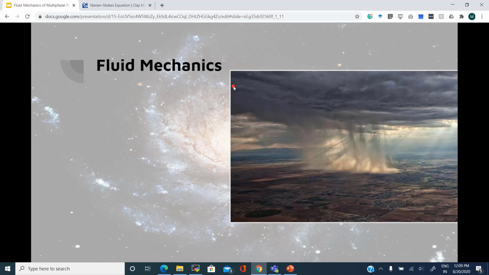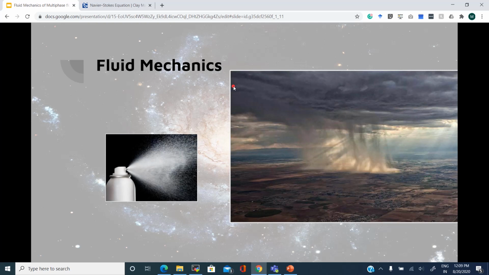So the cloud formation, raindrop formation, flow of water on the ground, going into the water table or the rivers, and then going to the sea, pond or lakes, and then again evaporating back to form the clouds. All of this is a fluid process, and we can understand this using the concepts we will learn in this course.